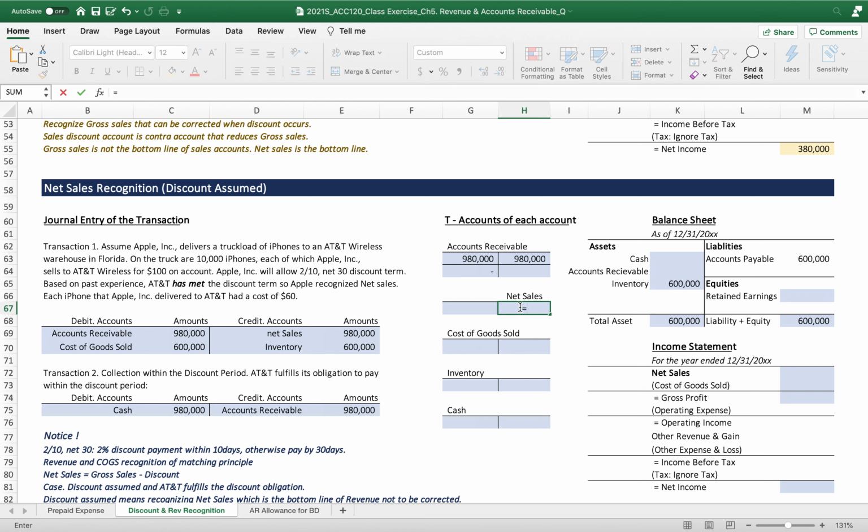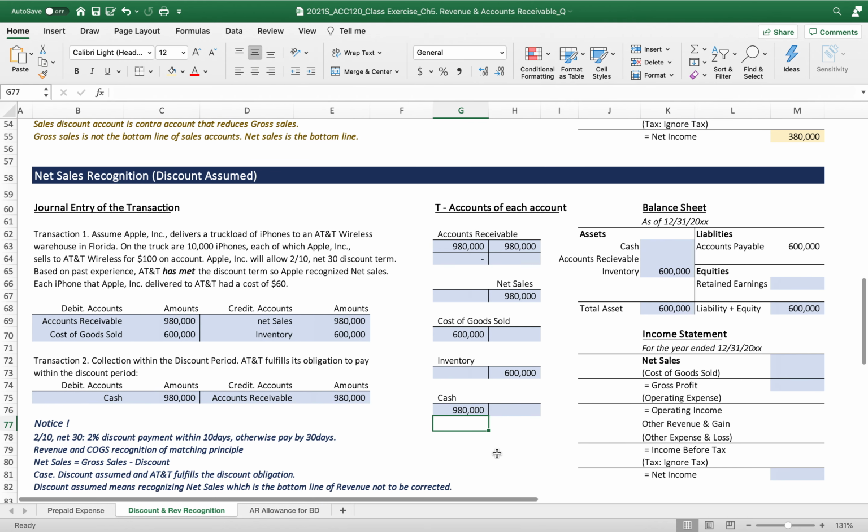Net sales is not the gross sales. Net sales is 980, cost of goods sold 600, and the inventory out when Apple sold the inventories, 10,000 iPhones. And then cash, $980,000 received. Okay, then let's pass these account balances onto the balance sheet and income statement.